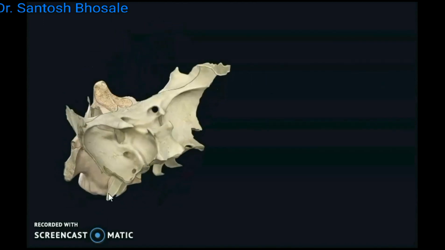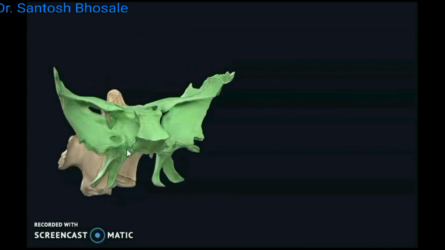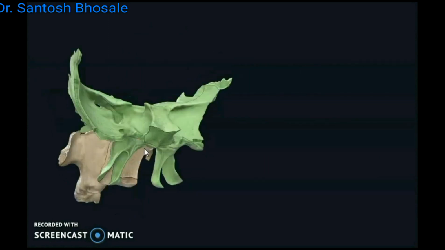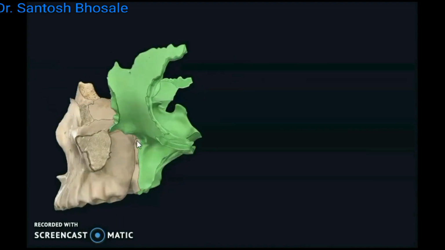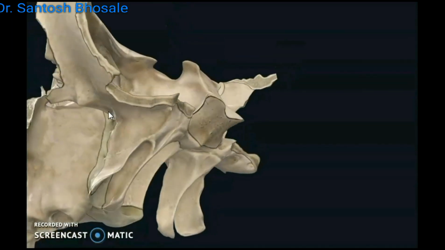So it communicates with the orbit via this fissure, and this is the pterygomaxillary fissure, foramen rotundum, pterygoid canal, and palatovaginal canal, also called the pharyngeal canal. Sphenopalatine foramen: you can see the medial wall between the sphenoid and palatine bone. That's what is called the sphenopalatine foramen.